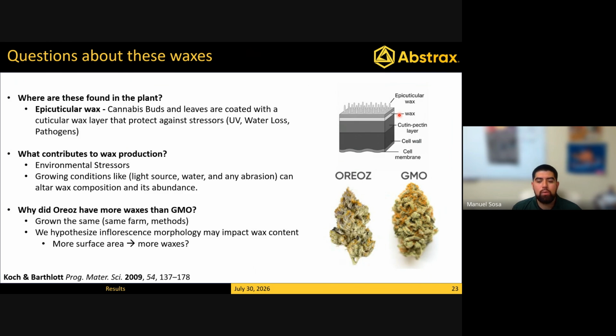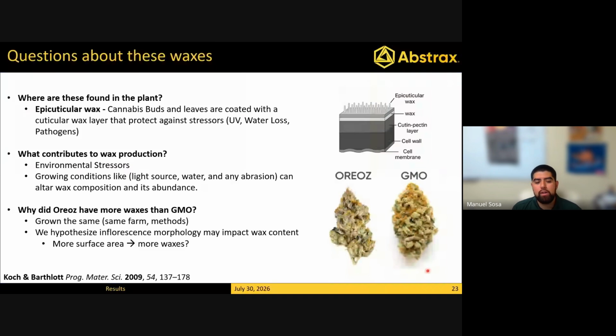One thing that was still curious to me, which is for a later study, is trying to understand why Oreos at hotter temperatures produced way more than GMO, right? So at the hottest temperature, we saw that Oreos was sitting around 22% alkane, and then GMO at the hottest temperature was around 8%. So they were grown in the same farm, so it wasn't farm to farm variation.